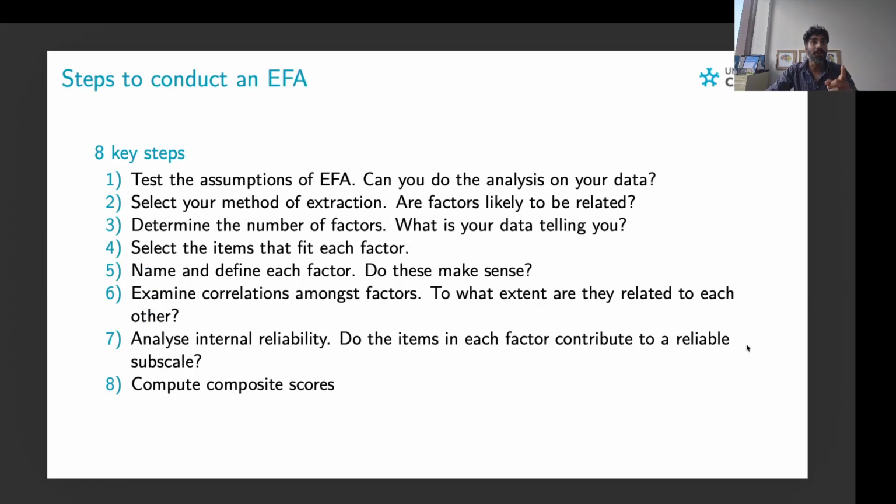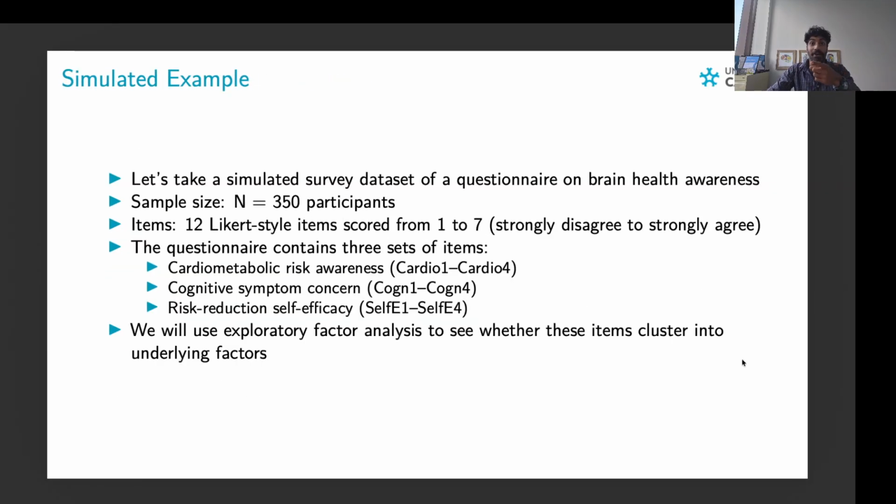Except before we go into that, I'm going to give you the simulated example. Imagine a world where I've collected data on 350 participants, all of you. You've done a questionnaire on your brain health awareness.